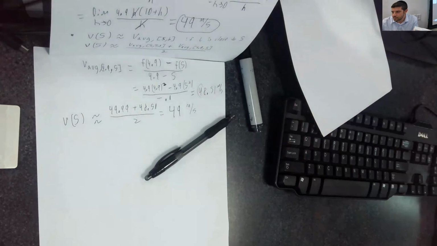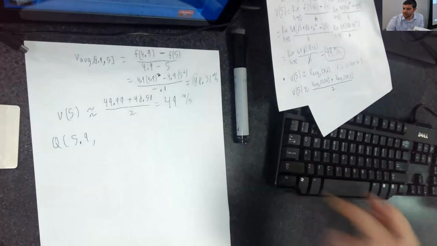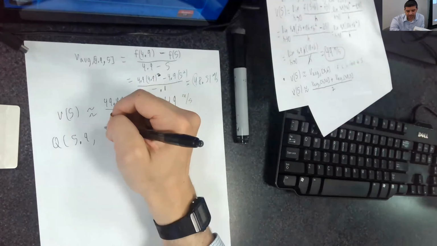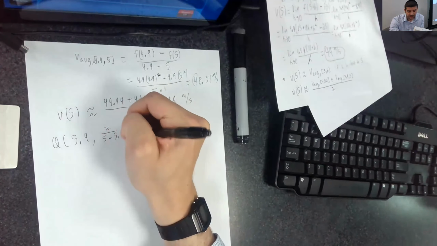The point Q, let's say for the first one, is 5.9, and you have to plug it into the function. Now your function is different, so you have to plug it in. So 5 minus 5.9.